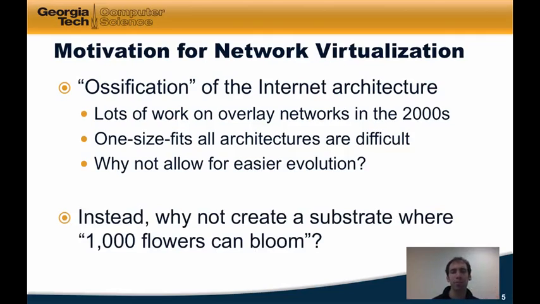And in particular, the motivation for network virtualization was to create some kind of substrate where 1,000 flowers can bloom. So you could have one particular experimental virtual network running aside the production network. And these virtual networks need not interfere with one another.